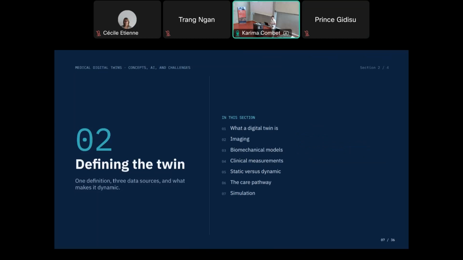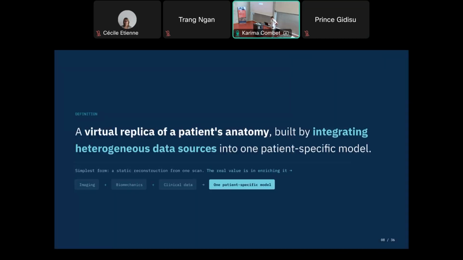In this section, I would like to define what a medical digital twin is and how we make it. This is my definition. I think there are a lot of definitions of a medical digital twin. It's a virtual replica of the patient anatomy constructed by integrating heterogeneous data sources into a single patient-specific model.